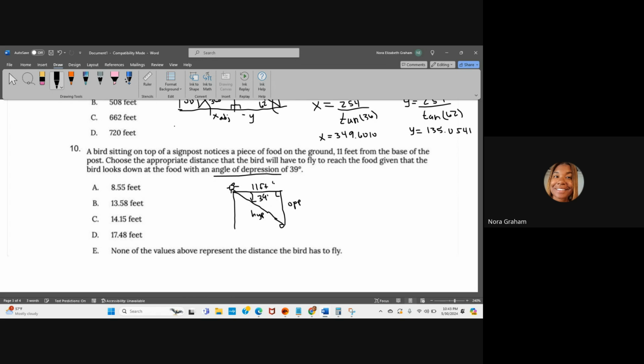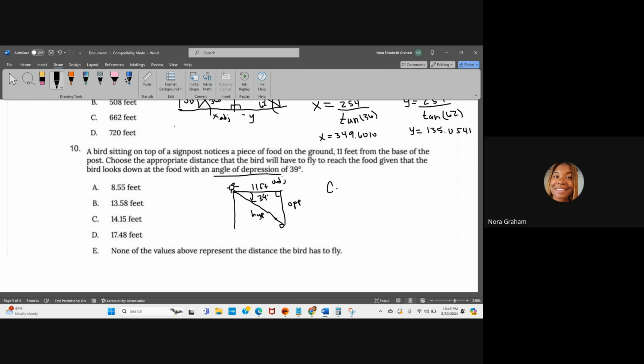So again, this one's going to be a little bit different because I'm using my hypotenuse and adjacent. So remember from SOHCAHTOA, the trig identity that uses hypotenuse and adjacent is going to be cosine.